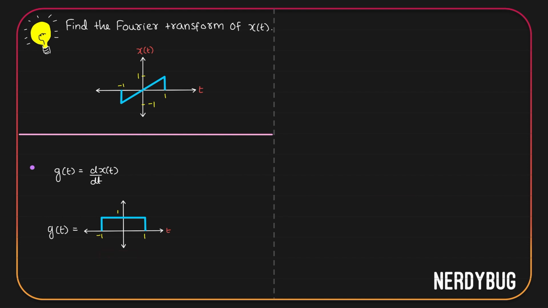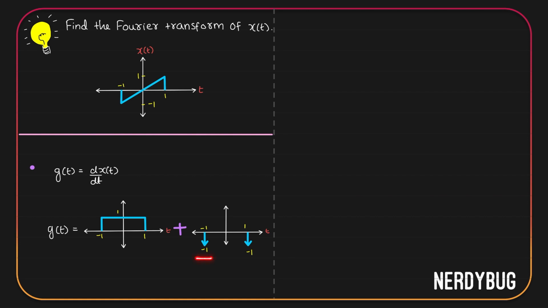But this is not entirely correct, because if you take a closer look, at -1, the slope suddenly changes from 1 to 0. At 1 also, the slope suddenly changes from 1 to 0. So to show the sudden change, we'll have to add two impulses of magnitude -1 at -1 and +1 like this. These two impulses will show that there is a sudden change of slope from 1 to 0 at -1 and 1.